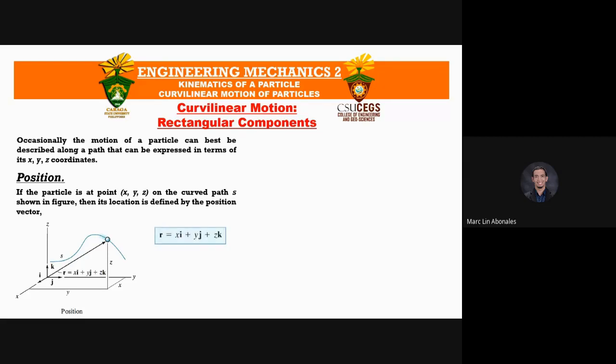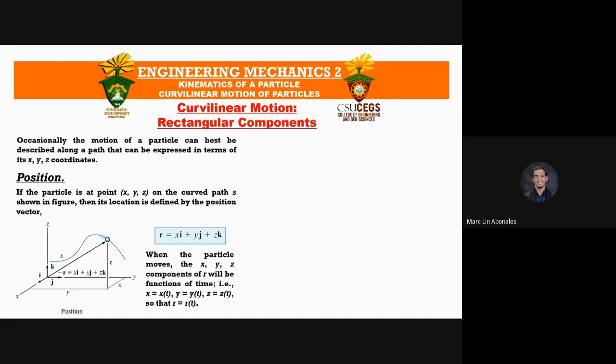That is represented with your vector r. So your vector r is the position vector that is equal to xi plus yj plus zk. This is written in vector form, in an ijk format. The x is for the unit vector i, y is for the unit vector j, and z is for your unit vector k.